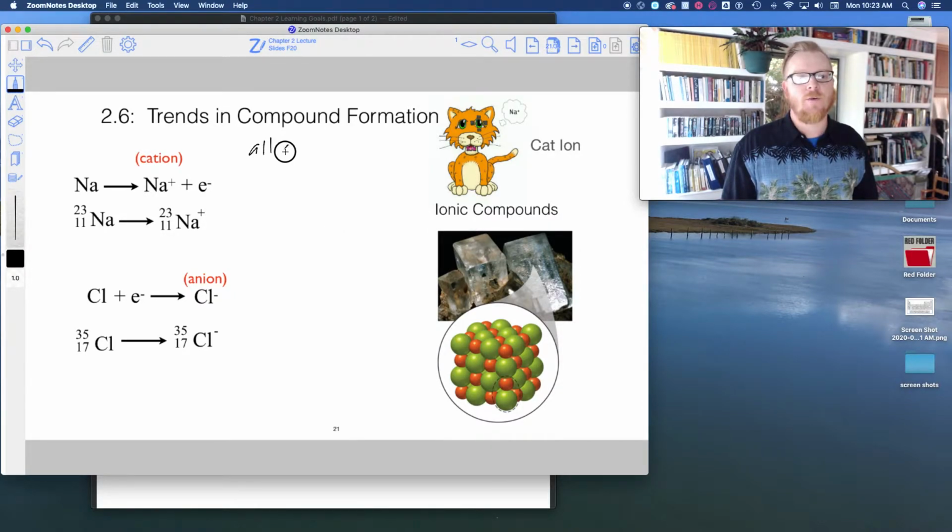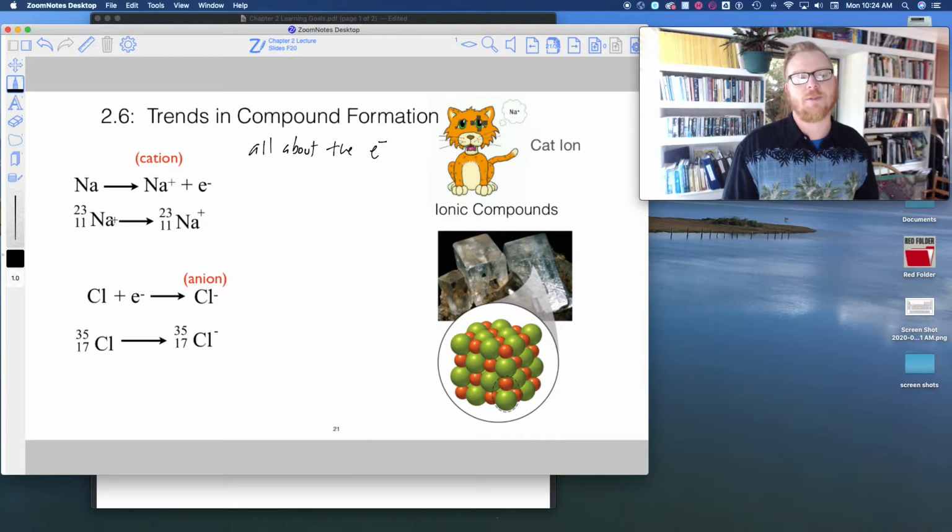So I'm going to write all about the electron. So this is the symbol for electron. When we get into the trends of compound formation, for example, if I look at sodium here, you notice that in this reaction we've got the mass number and the atomic number, but the number of electrons doesn't affect those numbers off to the left.